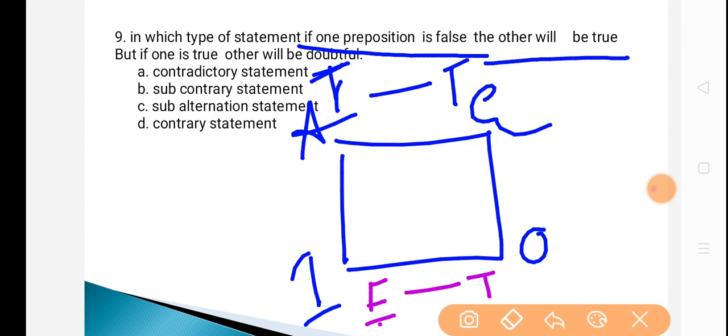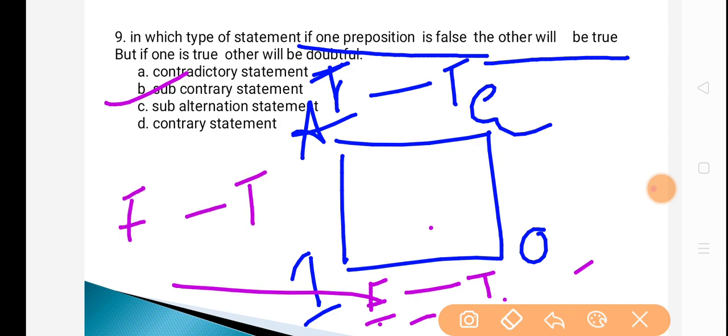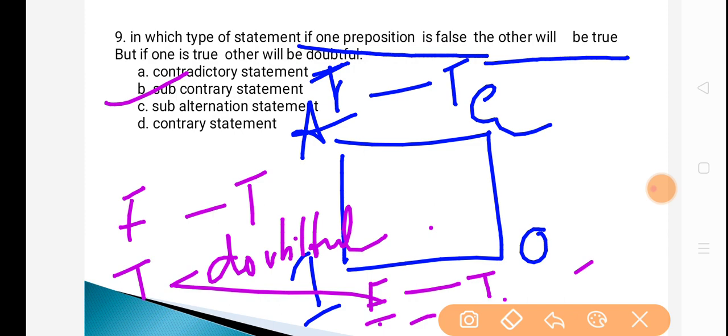If one is true, the other will be doubtful here. From this itself, we can see that it's from the subcontrary statement. Once more, if one is false, the other will be true, and if one is true, the other will be doubtful. So that's from the subcontrary statement.